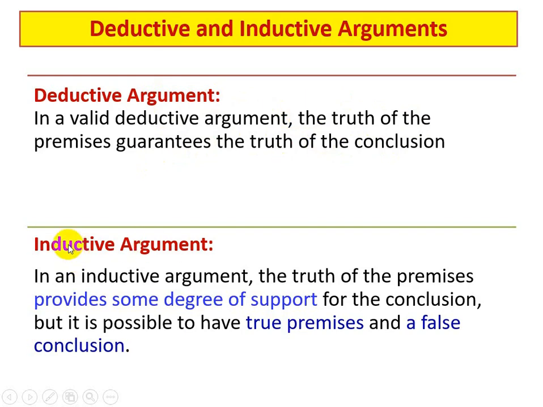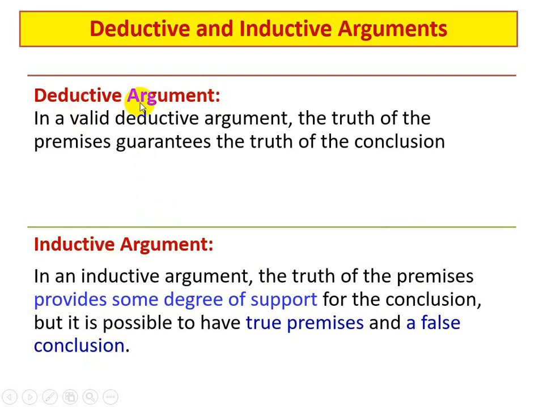But in case of the inductive argument, the truth of the premises does not guarantee the conclusion, but it only provides some degree of support for the conclusion. It is possible to have true premises and a false conclusion. Take care here. There is a difference between the deductive argument and the inductive argument.